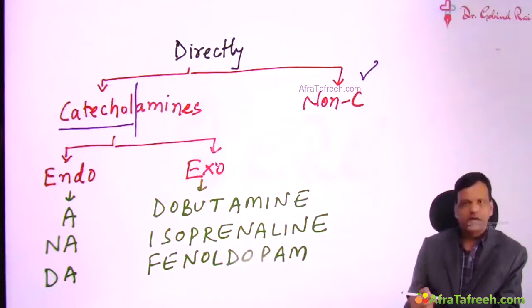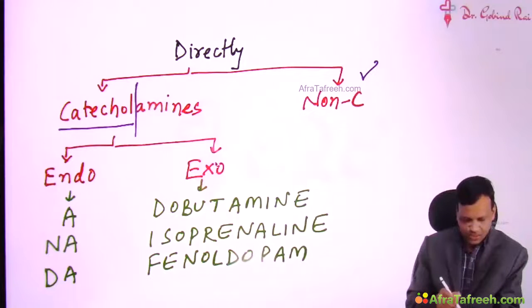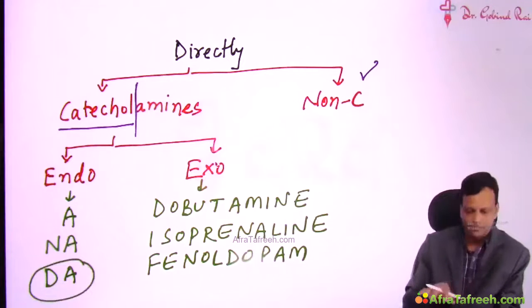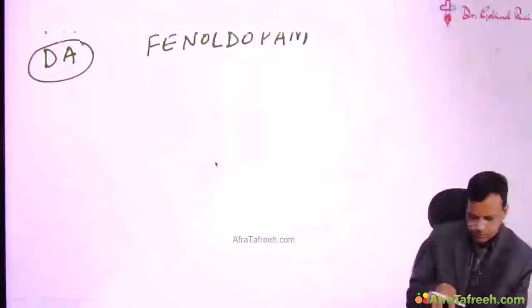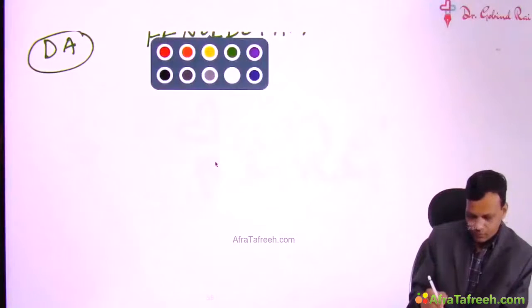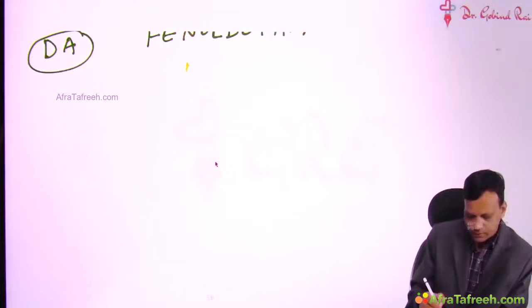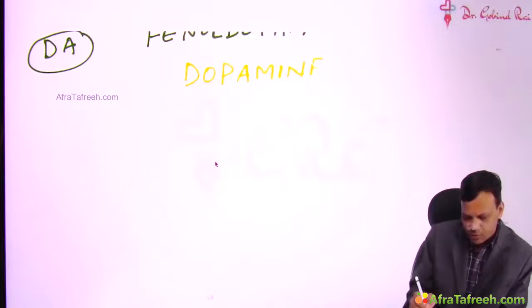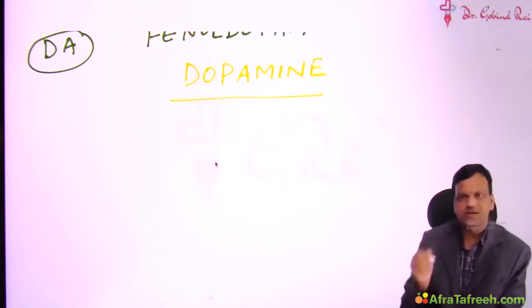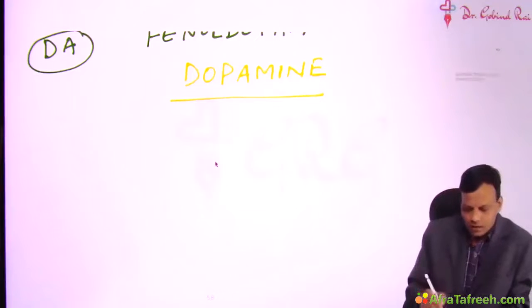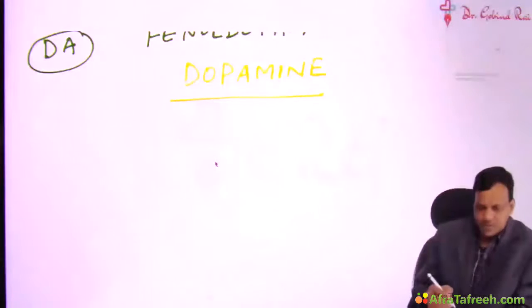So first we'll cover catecholamines, then we will move to non-catecholamines. Among these drugs, we'll start the discussion from dopamine. Now for knowing about any drug, the most important thing is to know on which receptors it works. Dopamine works on three main receptors.